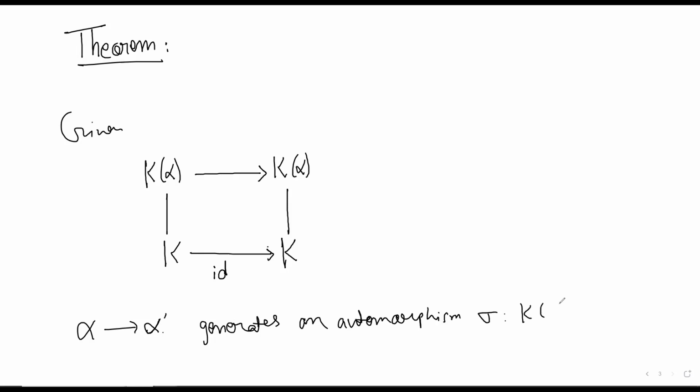Sigma, of course, fixing k, generates a k automorphism. I'll just write k automorphism, fixing k, if and only if the minimal polynomial of alpha over k, I'm just using this notation, has alpha prime as a root.